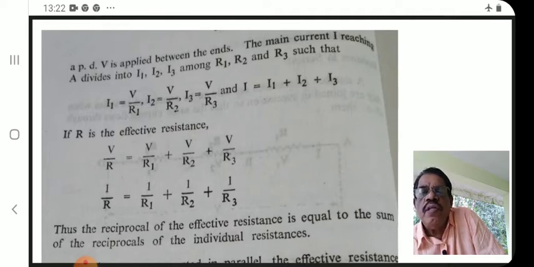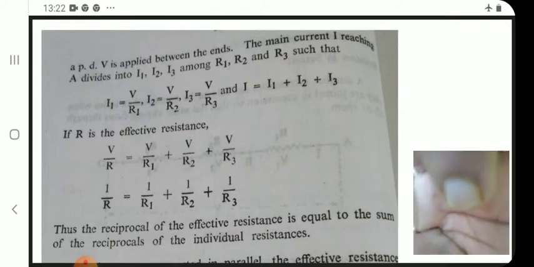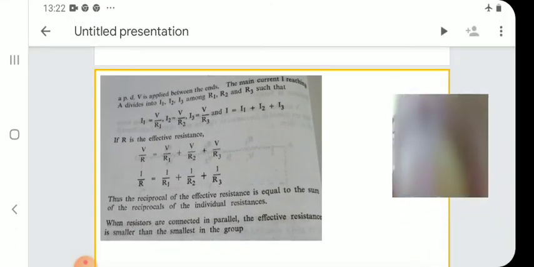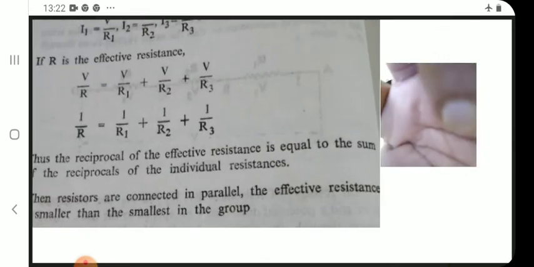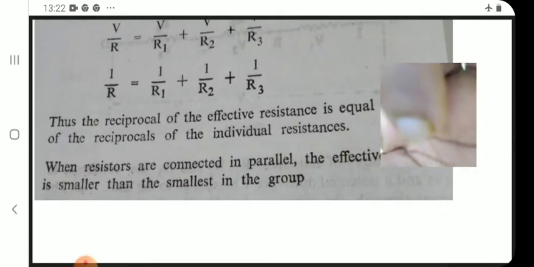We substitute these values. Therefore, V by R is equal to V by R1 plus V by R2 plus V by R3. Cancel V throughout. That is 1 by R is equal to 1 by R1 plus 1 by R2 plus 1 by R3. And here R is the effective resistance.